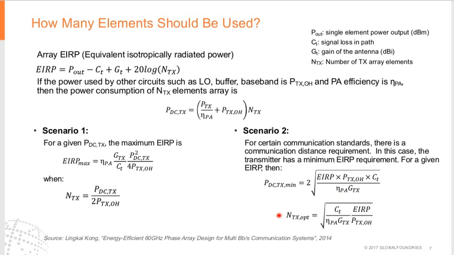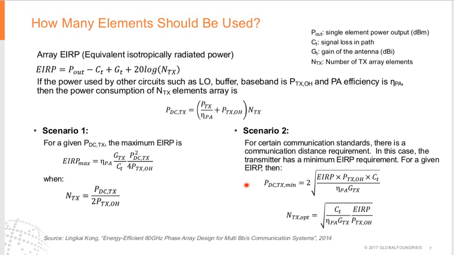And the optimal number of elements is related to the square root of EIRP and the signal loss, and has an inverse relationship with the PA efficiency, the antenna gain, and the power consumption by other blocks in the system.